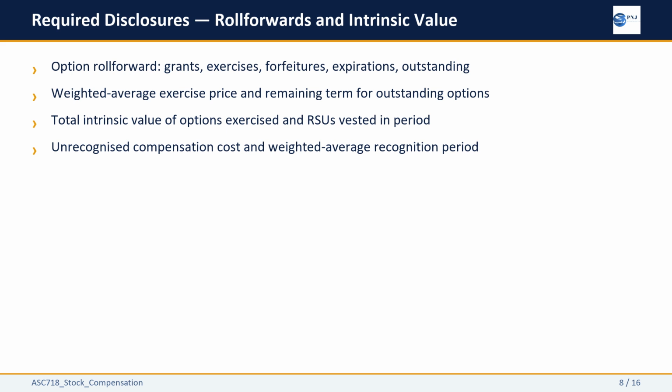You must disclose the total intrinsic value of options actually exercised and RSUs that vested during the period. This tells users the real economic benefit delivered to employees. And critically, you must disclose the total unrecognized compensation cost for awards that have not yet vested, along with the weighted average period over which that cost will be recognized.